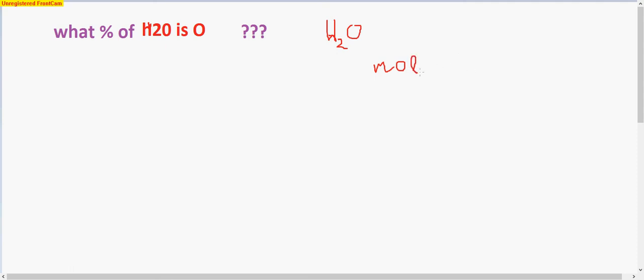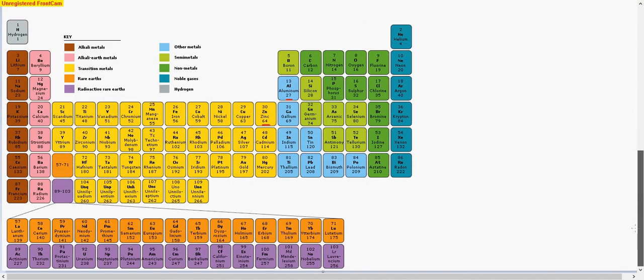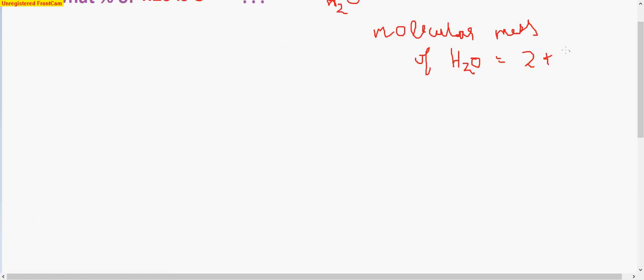What is the molecular mass of H2O? 2 hydrogen, so 2, plus oxygen, which is 16.